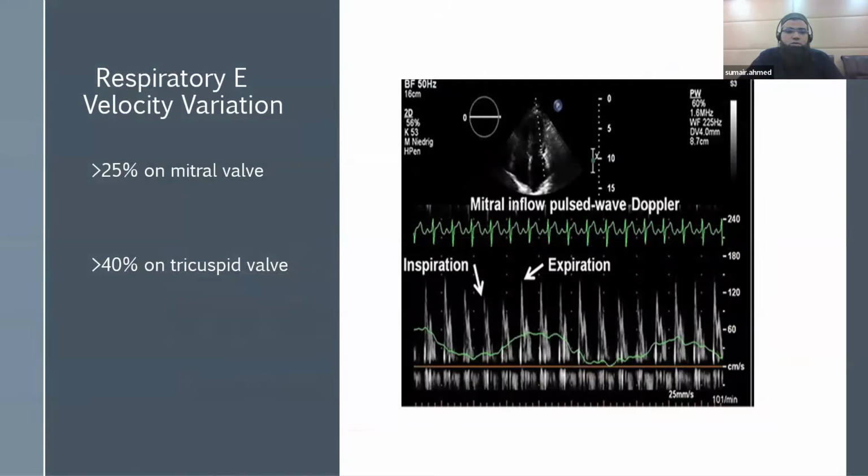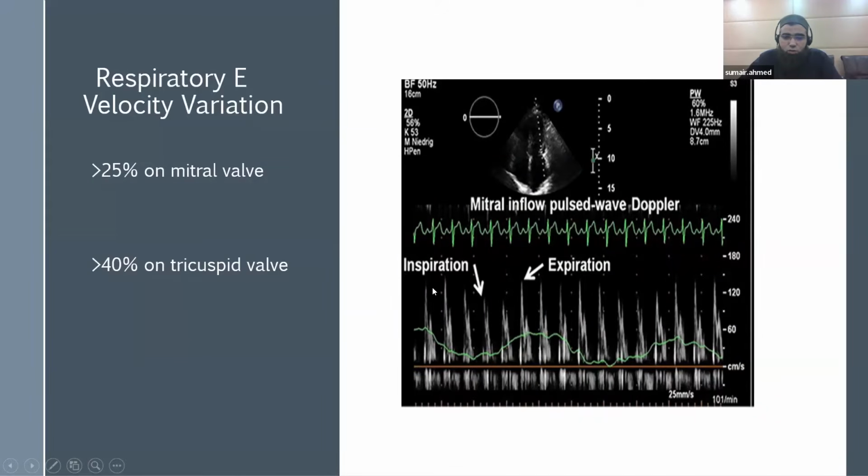So this is also one of the greatest helping points, that is the respiratory E velocity variation. Again here, this is a four-chamber view, and the pulse Doppler is placed at the mitral valve leaflet, and see here, this is an E, and this is an A, and again there is an inspiration, and this is an expiration, this is an inspiration.